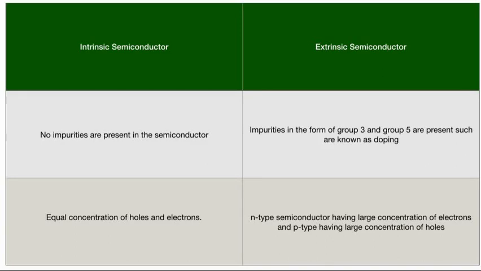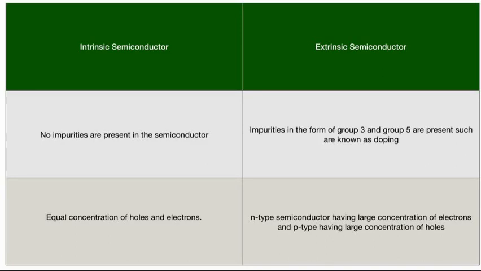As group 3 metals have 3 electrons in their outermost shell, they can accept 1 more electron, so they are termed as acceptors.